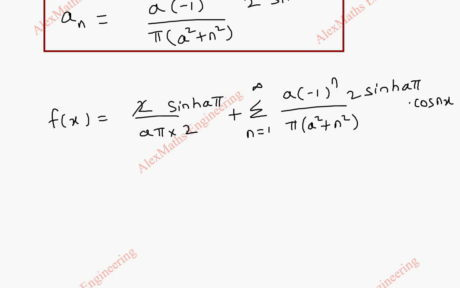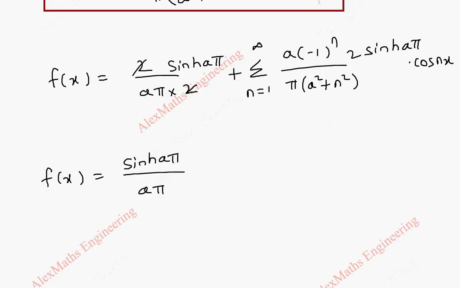So we can cancel this 2 and 2. Now f of x becomes sin h a pi by a pi. Then from here the constants can be taken outside, which is 2 sin h a pi and whole divided by pi. This can be taken outside.